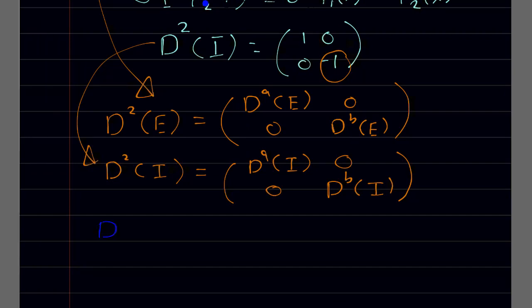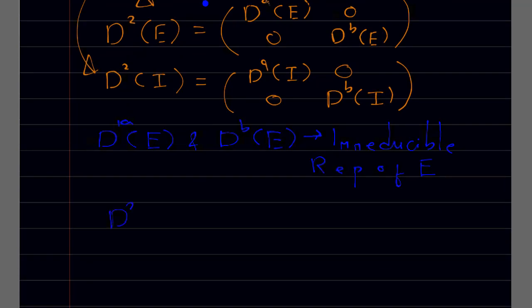So D1 of E and dA of E and dB of E, they are irreducible representations of E, and D2 of E is a reducible representation of E. So this is the core idea that I want you to keep in mind for now, and we will understand this in more detail as we go forward.